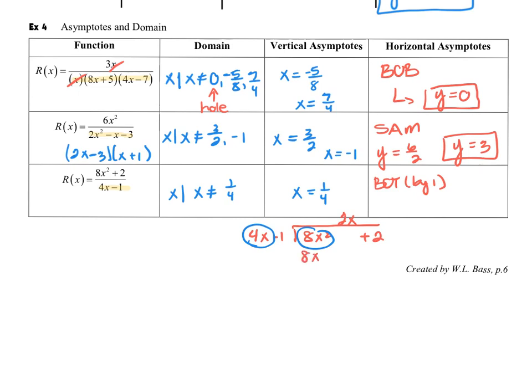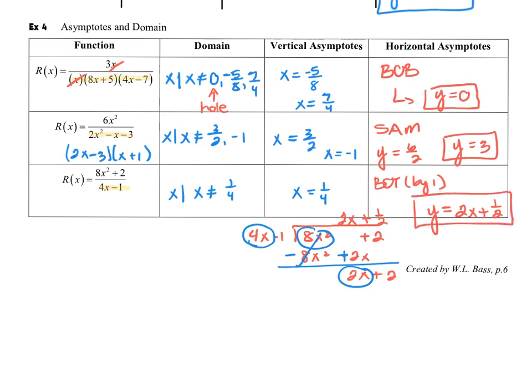So now I have an 8x squared minus a 2x. I can flip my signs and add, so those will cancel. Now I'm going to get a 2x plus a 2. 2x over 4x is going to be a 1/2. I don't actually need to continue because I know that my degree will be lower when I finish, so I can stop and just say y equals 2x plus 1/2, and then we would just graph that line.